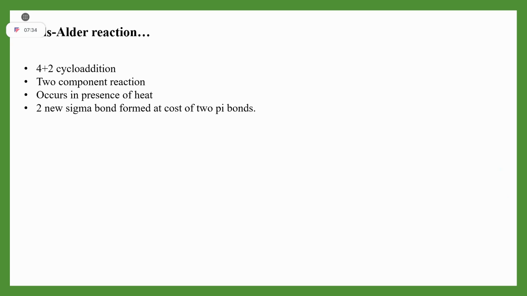Since last week I told you how to draw all these FMOs, frontier molecular orbitals. So let's say we have this diene, and this olefin, or we can say dienophile. Why are we calling it a dienophile? Let's look at its molecular orbital picture. If you remember from last class, since there are four carbon atoms, there will be four wave functions associated with it.